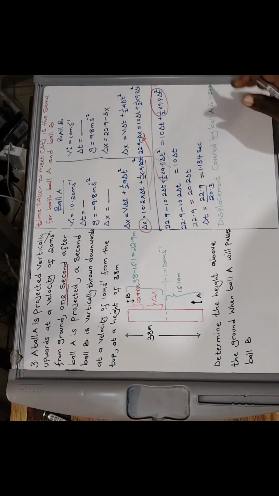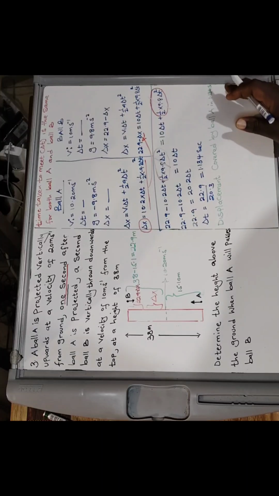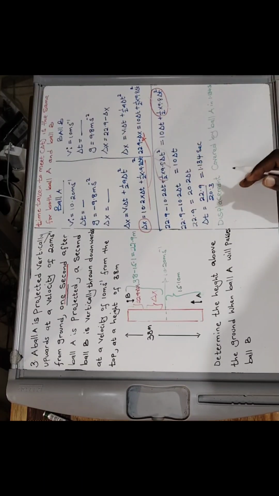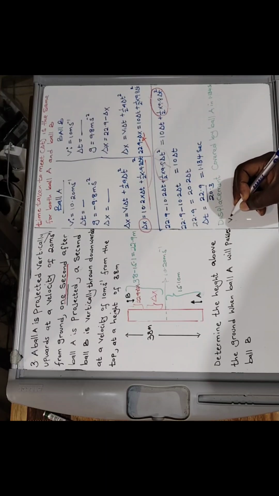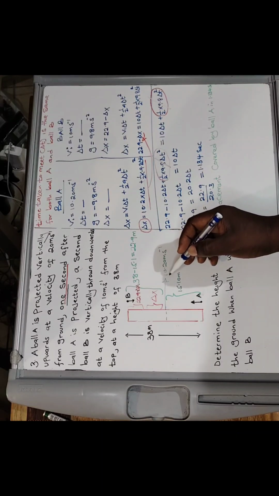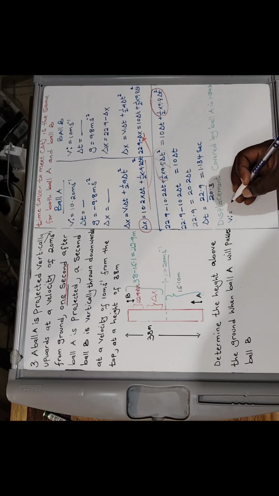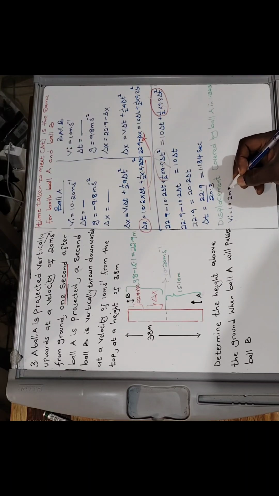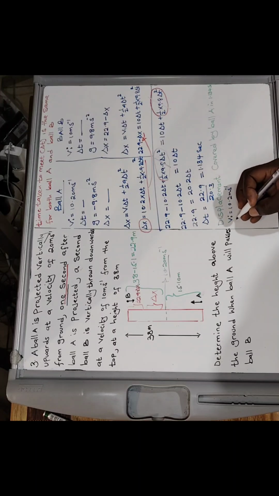Okay, now we are going to calculate the displacement covered by ball A in that time. What do we know about ball A? We know its initial velocity, which is, remember we are starting from here, so its initial velocity is 10.2 meters per second. What else do we know?